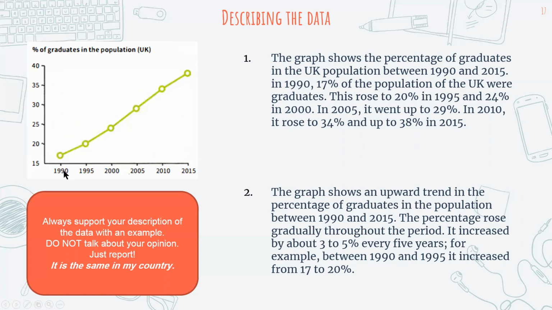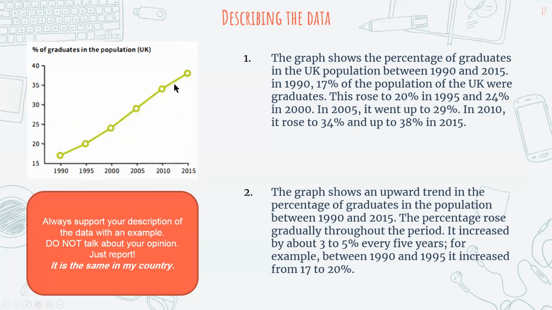In 1990, it was maybe this is 15, this is 15, and this is 20. So it was about 17%. Okay. Then in 1995, it rose by 3%, then 5, then 5 or 4, then 5, then 5.